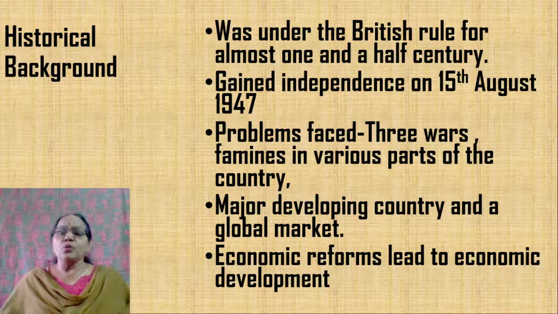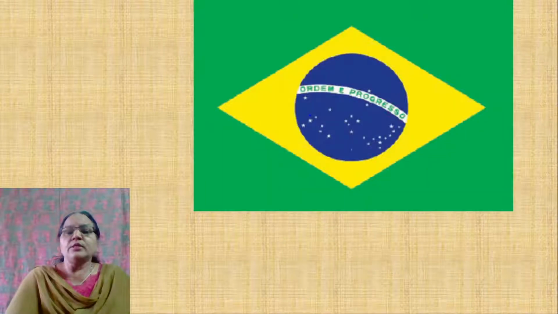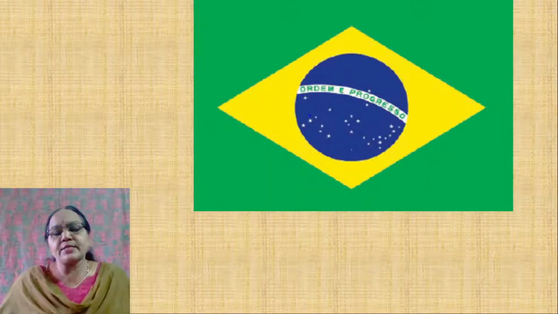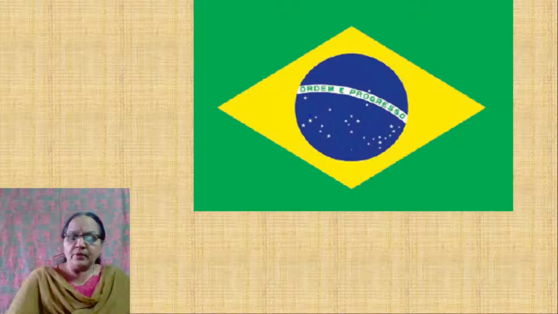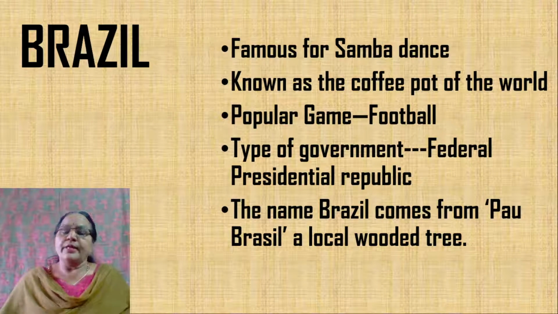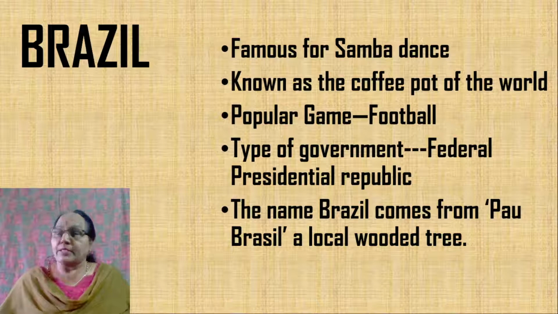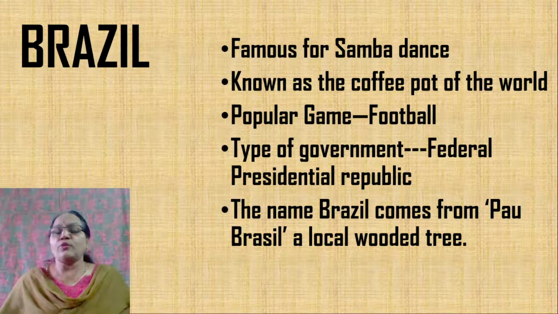So we have finished with India. Now let's move over to location and extent of Brazil. This is the flag of Brazil. Brazil is famous for its samba dance, and it's also called the coffee pot of the world.